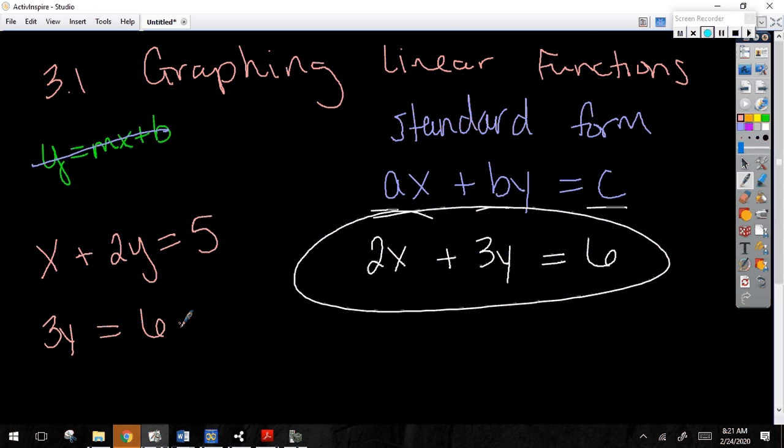Ooh, I hear no. I hear yes. Justify your answer. Why? Defend. Okay, I hear there's no x. But what did I tell you about the number in front of x?